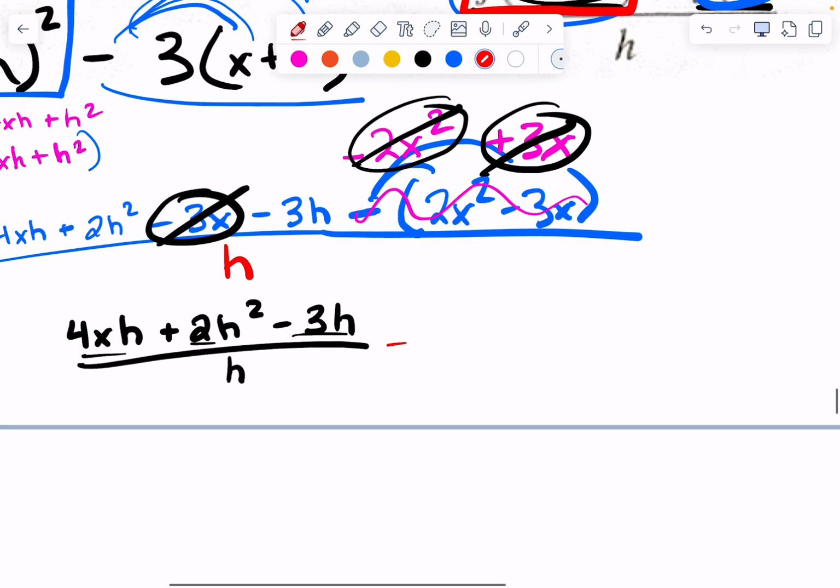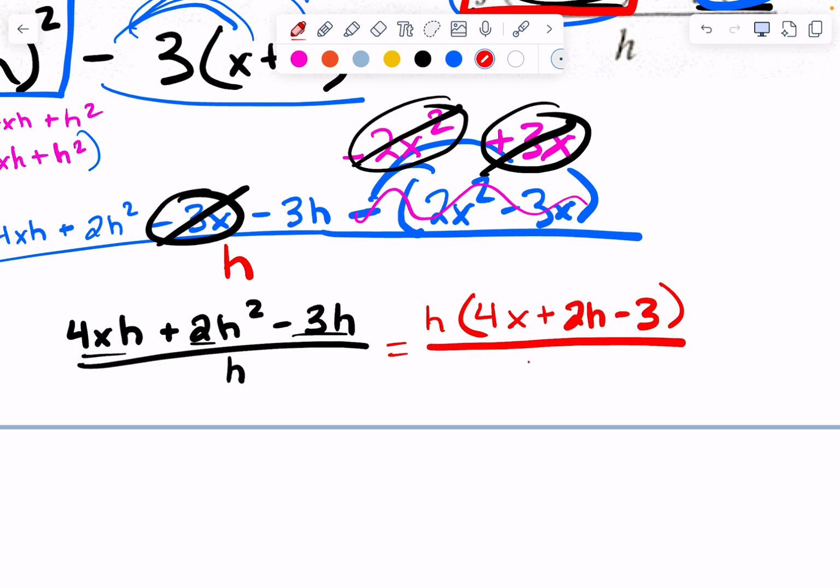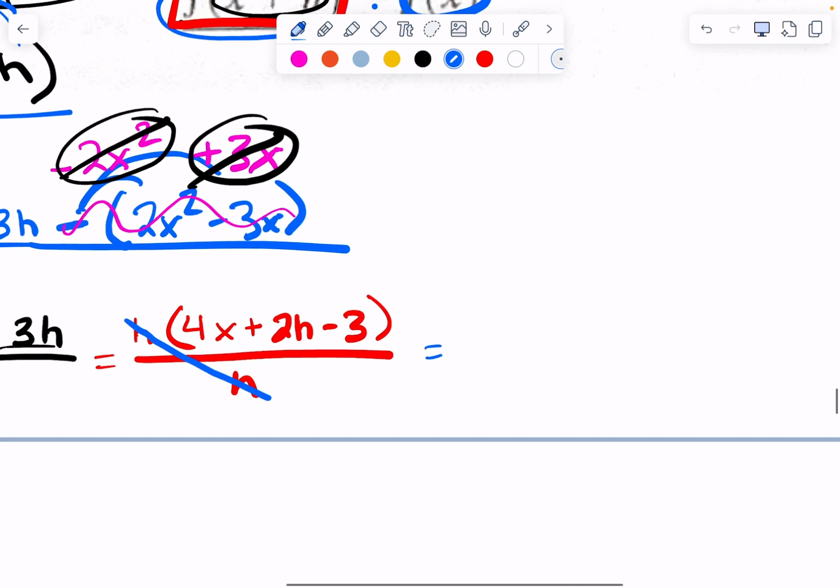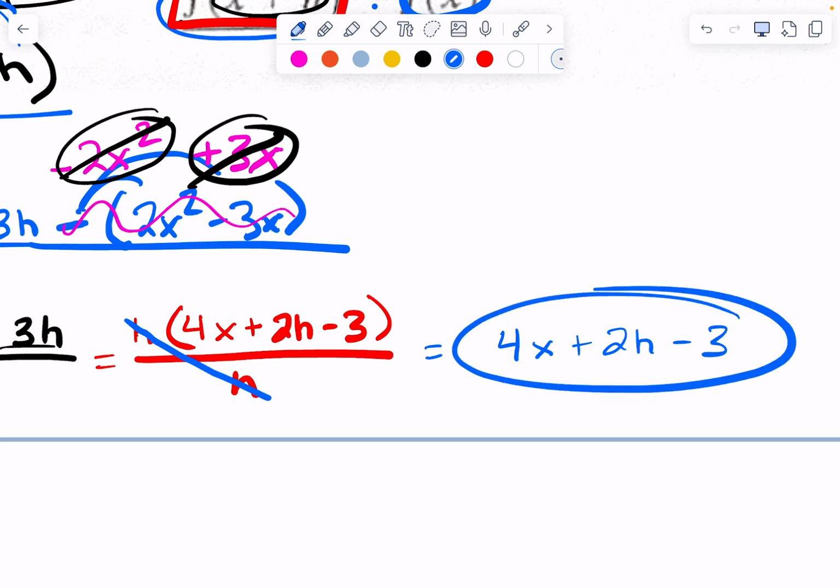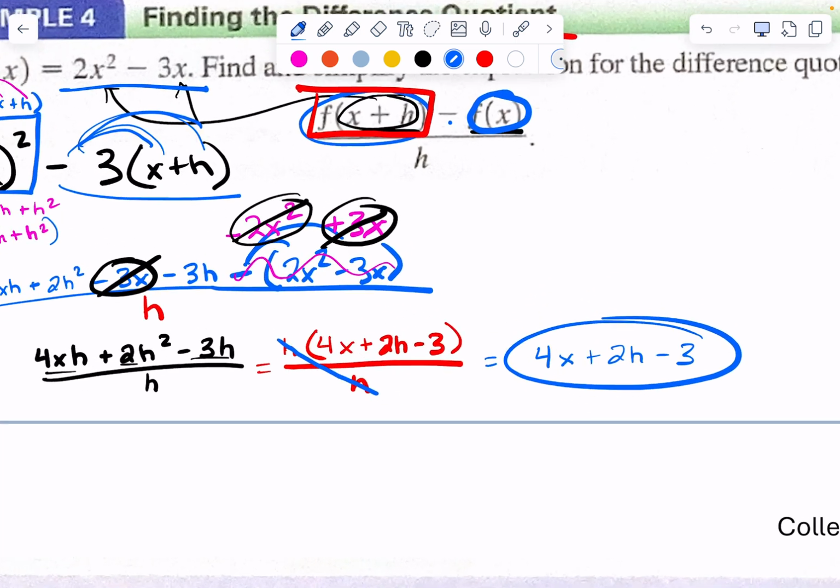So if I do that, I have h times 4x plus 2h minus 3, if I pull an h out of each piece. Okay, and then I have an h on the bottom. So now I can cancel those 2 h's. And final answer, out of all of that ugly junk business, is 4x plus 2h minus 3. Whoop. That is a derivative. That's the derivative of that guy.